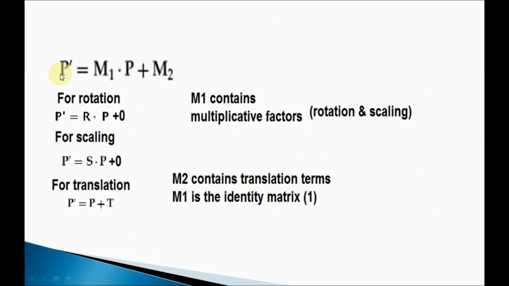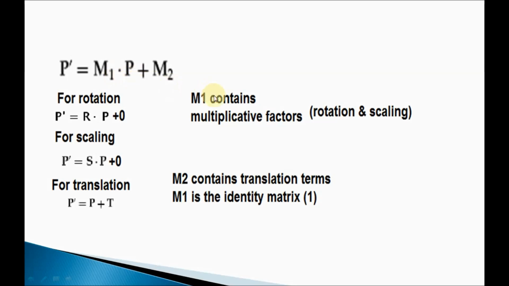This is the matrix representation format: P dash is equal to M1 into P plus M2. Now you can see, for rotation, for scaling and for translation, I used the same general format, but I made slight changes to represent different transformations.